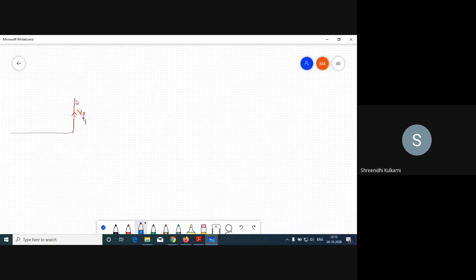Next, I will write this is B1, and this is BR1, and whatever this angle is, it is beta 1. So this is beta 1, and next this is alpha 1.